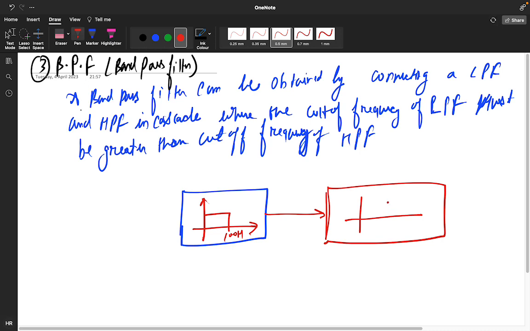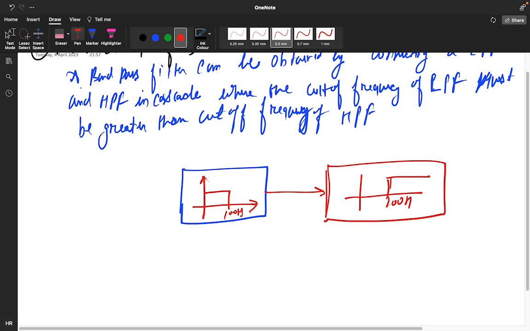So I am assuming this as 200 hertz. So this will become, I think, wait, just wait.